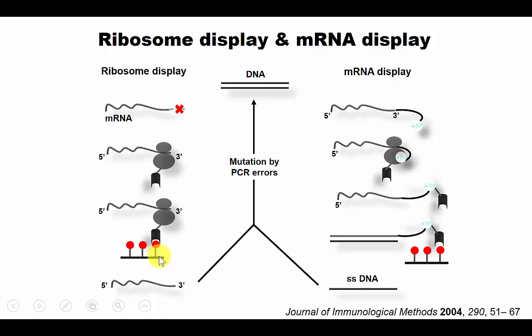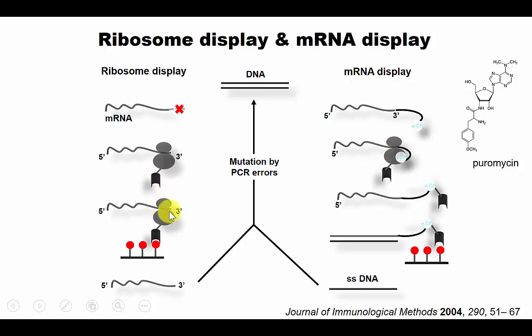So this is the power of ribosome display, and it can have maybe 1000 times higher diversity than phage display. mRNA display is very similar to ribosome display, but a little more advanced. By incorporating puromycin, which is a nucleoside derivative with an amino acid loaded, once puromycin is added at the end of translation, it can be transferred to the growing peptide sequence, and then the ribosome can be released.